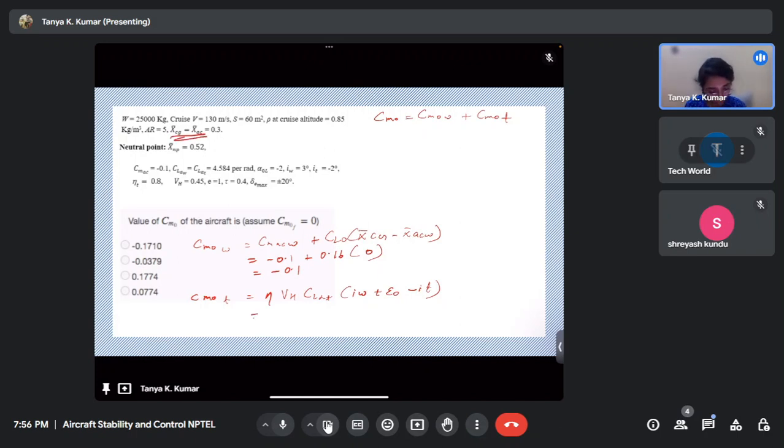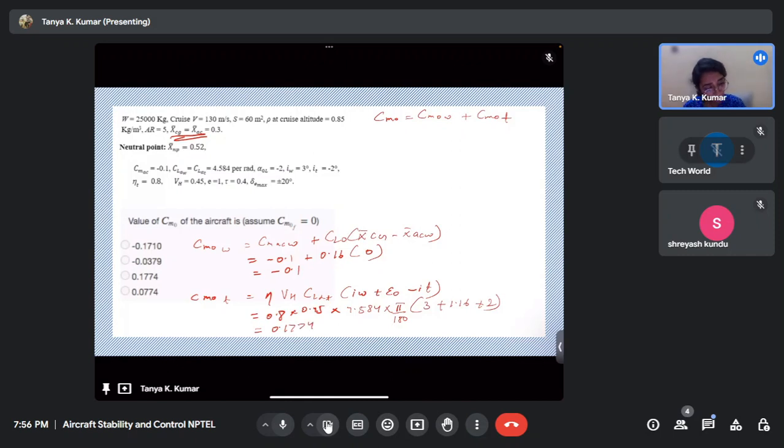Here, tail efficiency factor is 0.8, volume is 0.45, CL alpha of the tail is 4.584, and we're taking everything in degrees, so pi by 180. Wing setting angle is 3 plus epsilon naught we found in the previous question, 1.16. Tail setting angle minus 2 degrees, so 2.